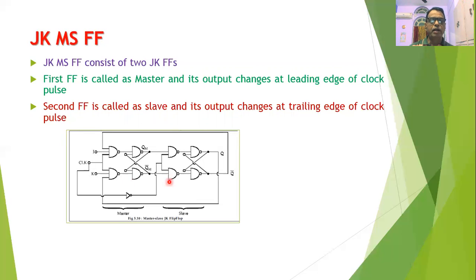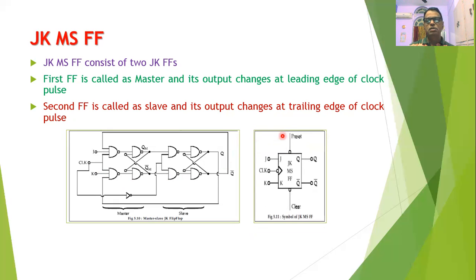At that time, the second flip-flop is disabled, and therefore its output will not change. Whenever the clock goes to an end, only then the output of the second flip-flop will change because it becomes enabled. Therefore, even if the clock pulse duration is high, the output of this flip-flop will change only once, and the race around condition is avoided.